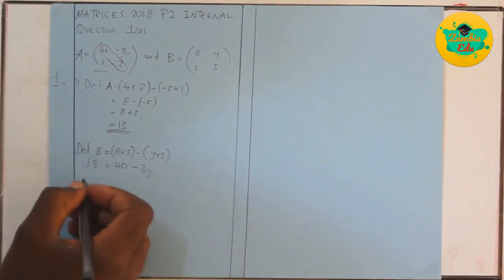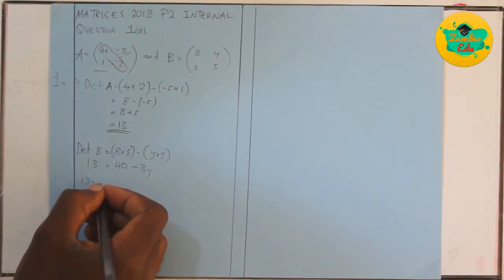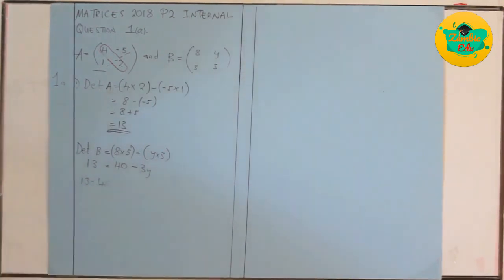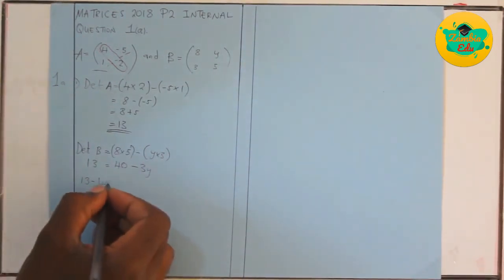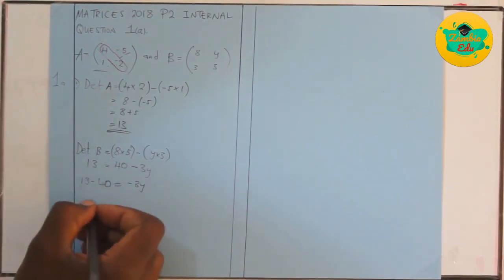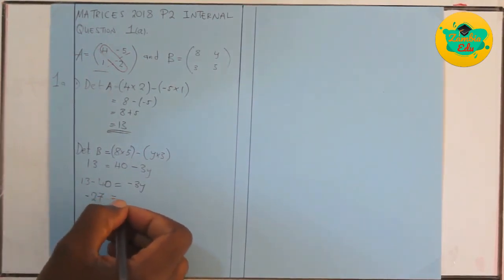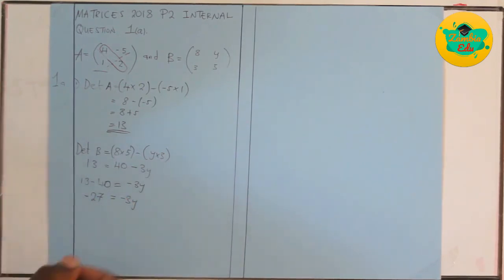So at this level we group the like terms. So we have 13 take away 40 being equal to negative 3Y. When we subtract that, we get negative 27 being equal to negative 3Y.